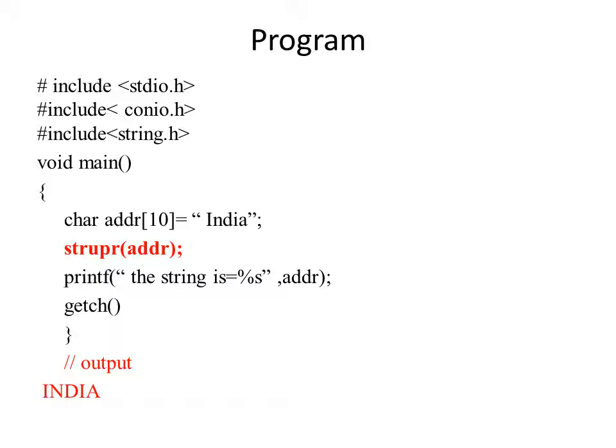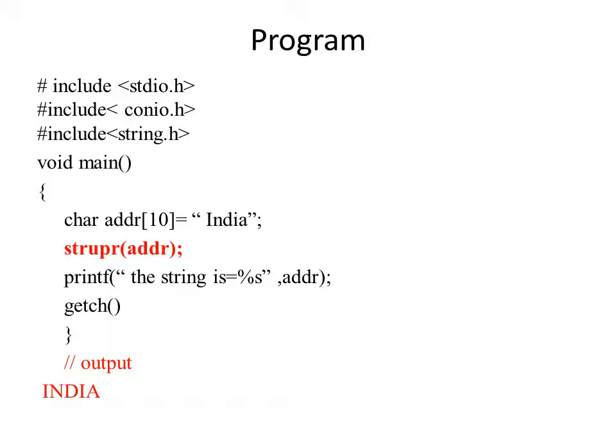Again, I take the string whose name is address, which consists of the letters of India, where only I is in uppercase and the rest of the letters are in lowercase. Use strupr, then you have to mention the character array, the name of the array. Here the name of the array is address.